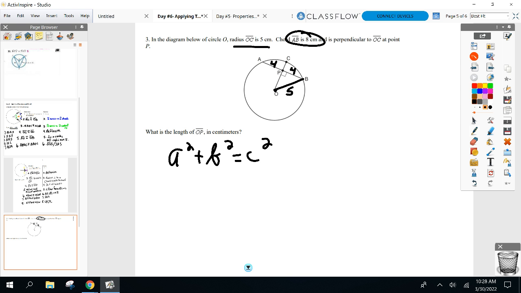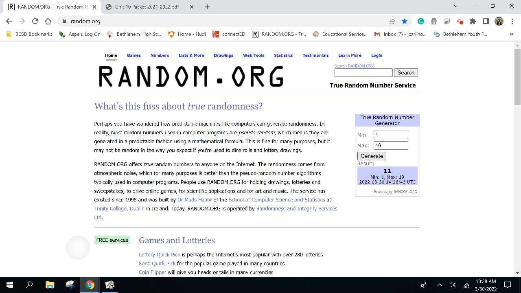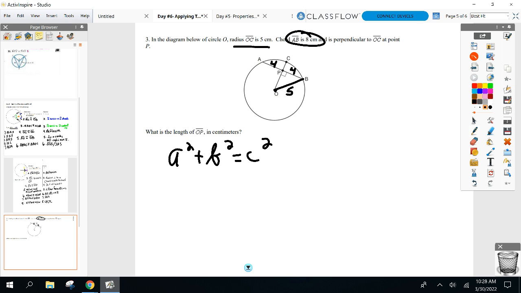And you're not off the hook yet. Where do the 4 and the 5 go? Perfect. 4 squared plus b squared equals 5 squared.